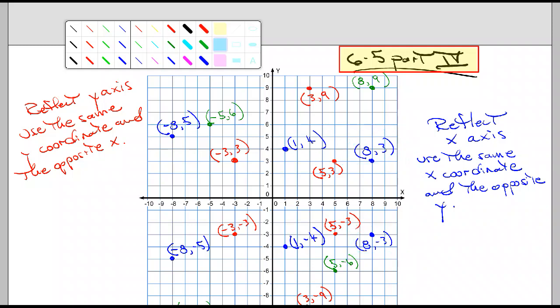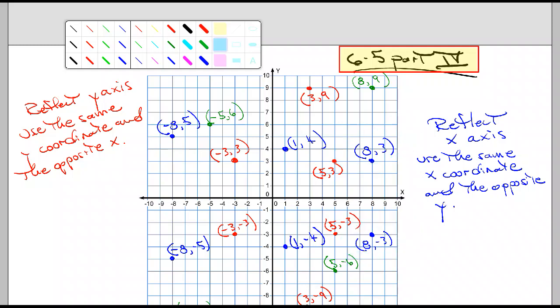Now I could also give you a point that's 8, -3, and I said reflect that on the x-axis. What would the x-axis reflection be? Well, it would be 8, 3, because remember the x value stays the same when you're reflecting the x-axis.